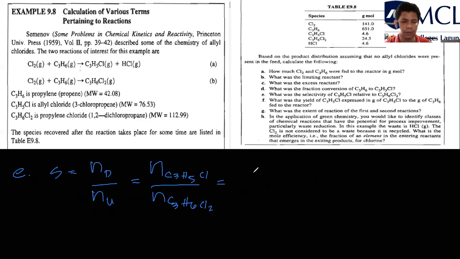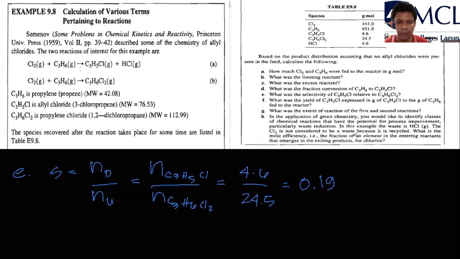So this is 4.6 and this is 24.5. So that is 0.19. Okay.